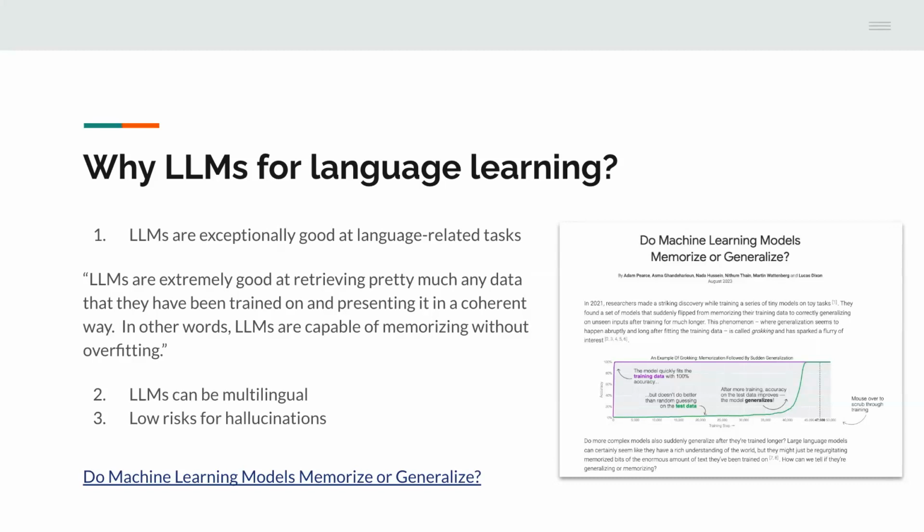So think about it. When you're using it to learn a foreign language, you're pretty much sure that whatever question you're asking it should have been included in the training data, right? So it is very unlikely that, in a task such as language learning, you go out of the field of knowledge of these models.